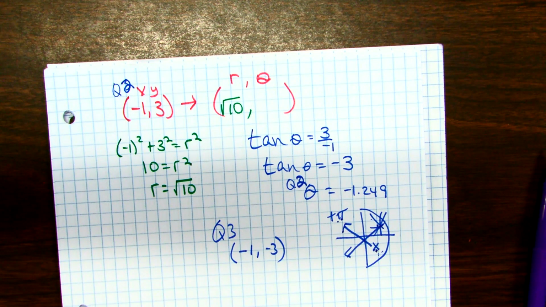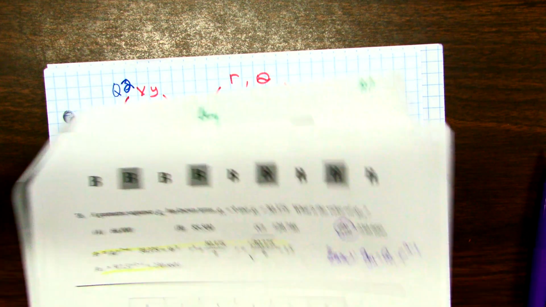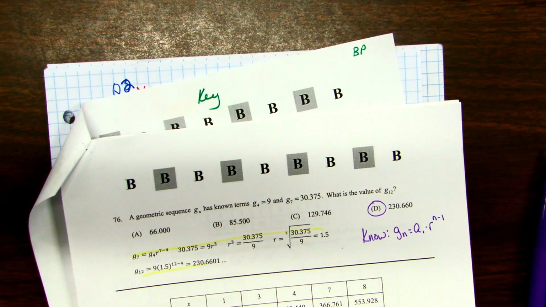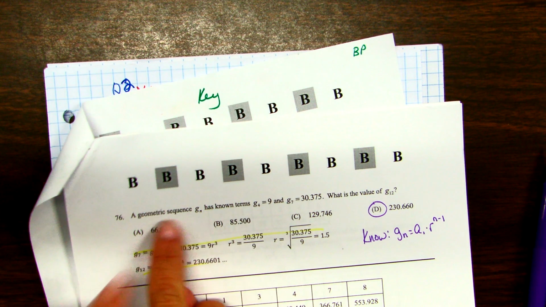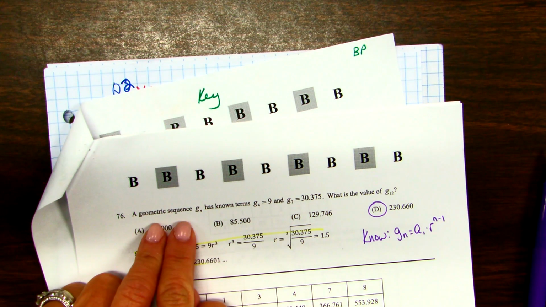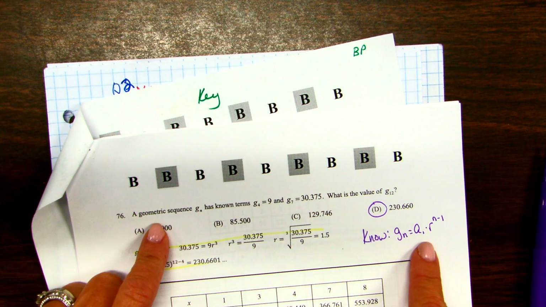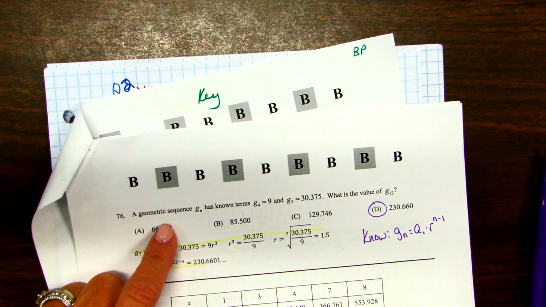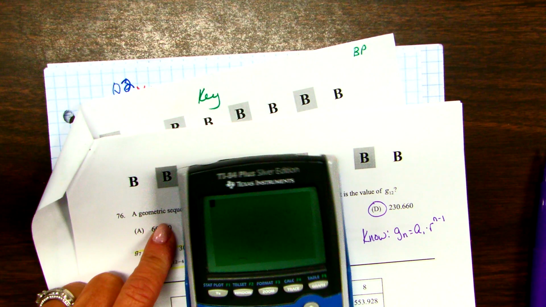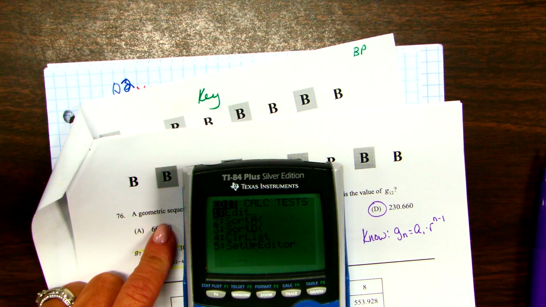Problem 76. Here's another situation of me doing way more work than I have to. This is the calculator section, and if you remember that geometric sequences are modeled by exponential functions, look how easy this is, you can use your stat edit button.